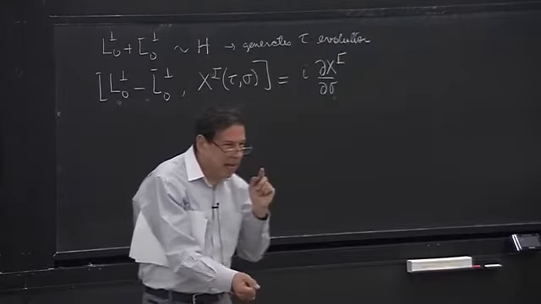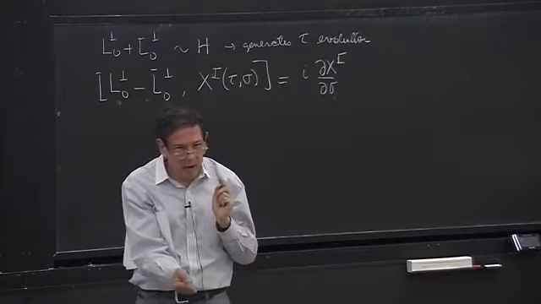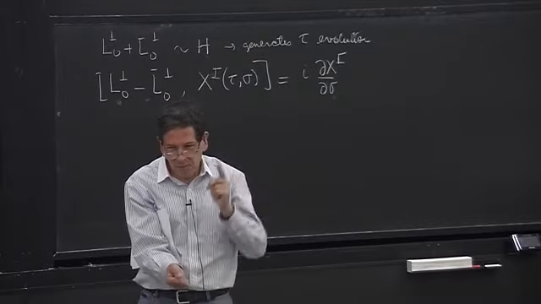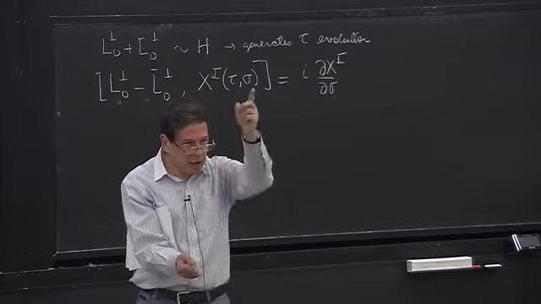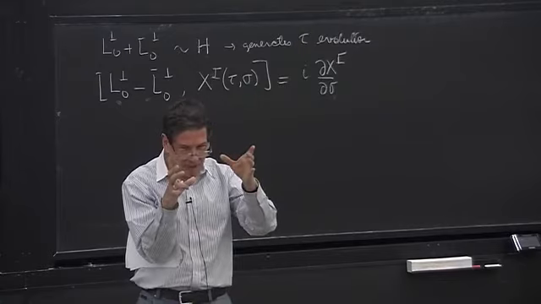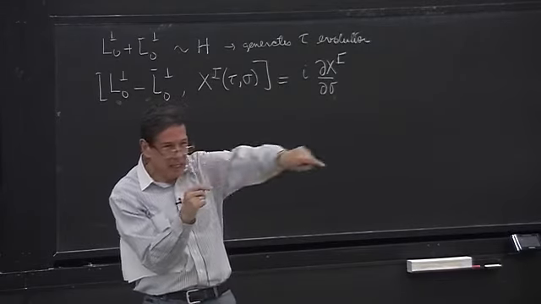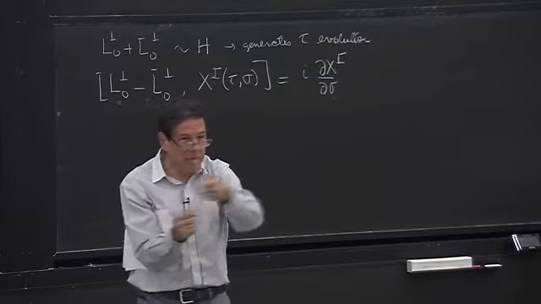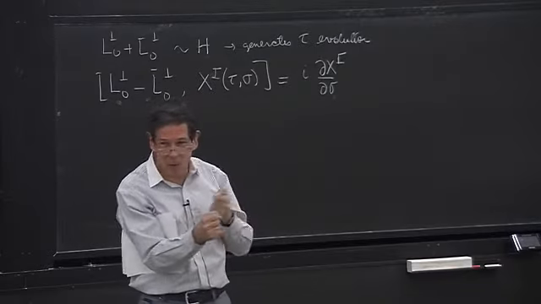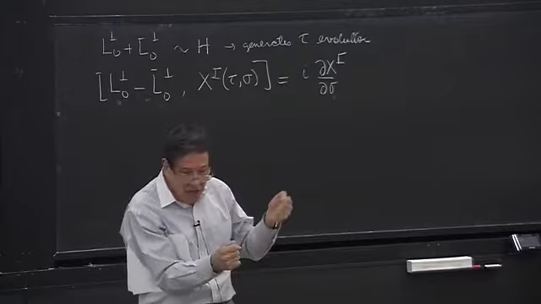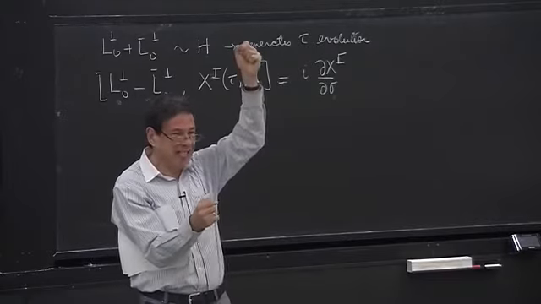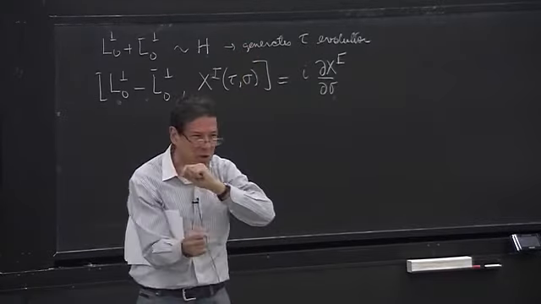People say L0 plus L0 bar is d d tau, so it's energy in the two-dimensional world. L0 minus L0 bar generates sigma translation, so it's the momentum generator in the world sheet. Nothing to do with momentum in space-time. Momentum in space-time is p mu.